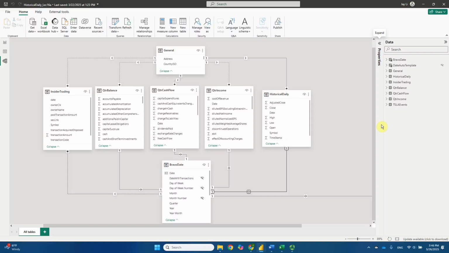I need to divide the earnings of Apple on September 30th, 2023 by the shares outstanding of Apple on that same date. I cannot divide the earnings of Apple on September 30th, 2023 by the shares outstanding of Tesla on that same date. That makes sense, okay?